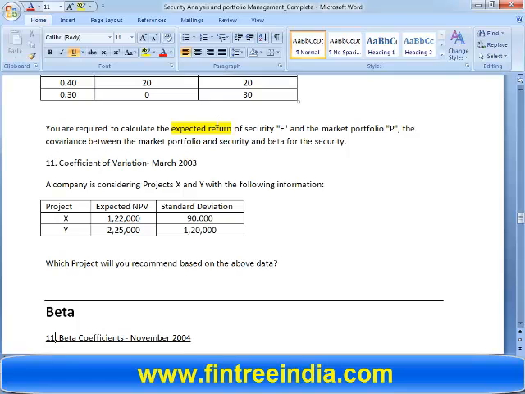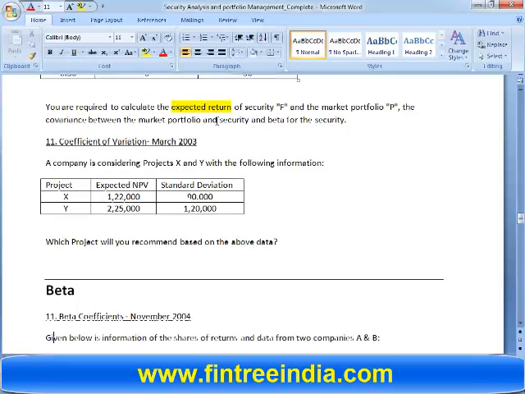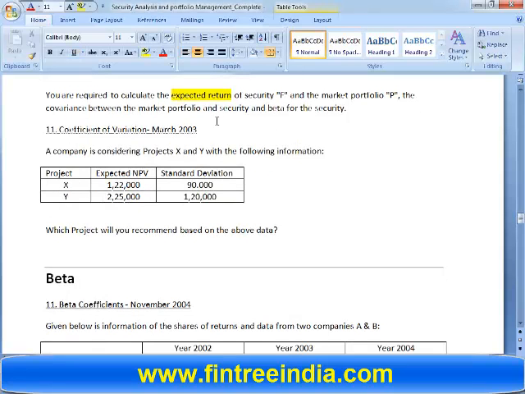Coefficient of variation. It's a March 2003 question. A company is expecting projects X and project Y with the following information. Then we have expected NPVs, we have standard deviation. Which project will you best recommend based on the above data?